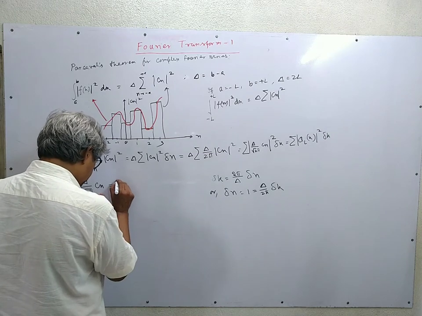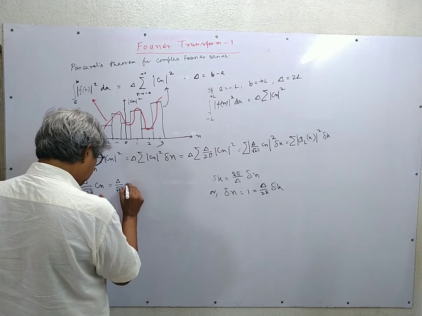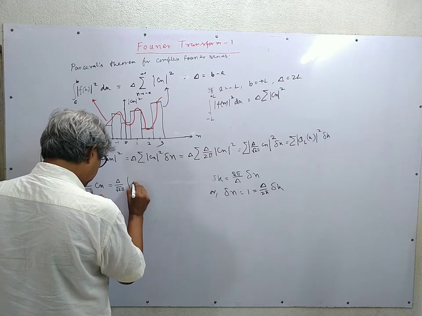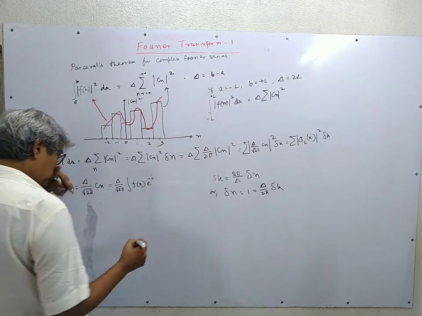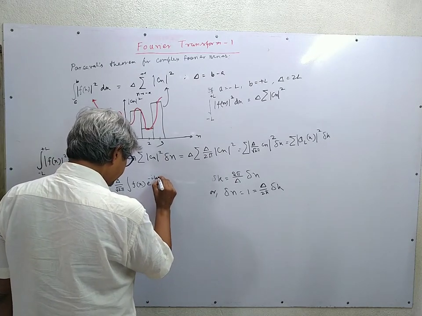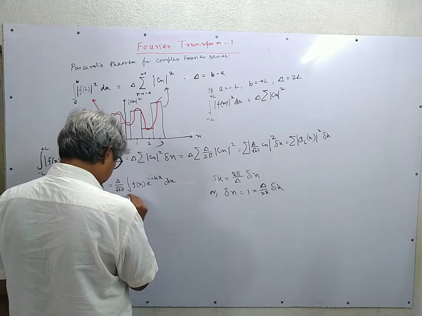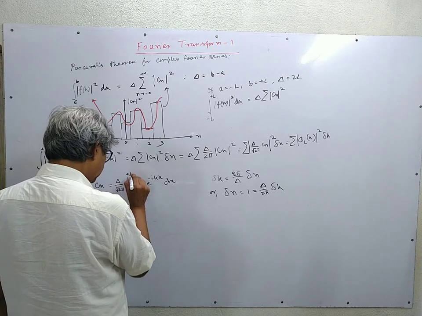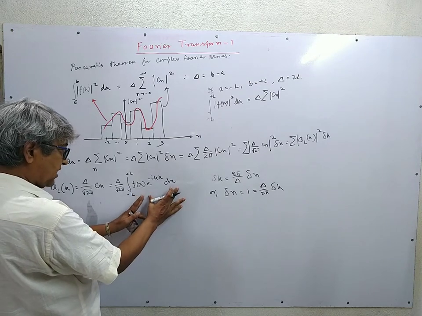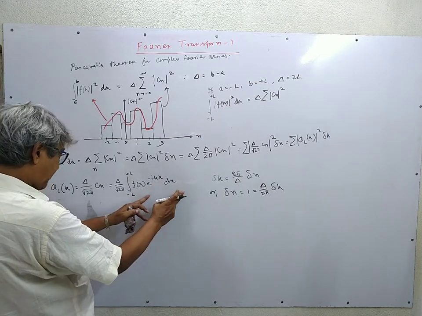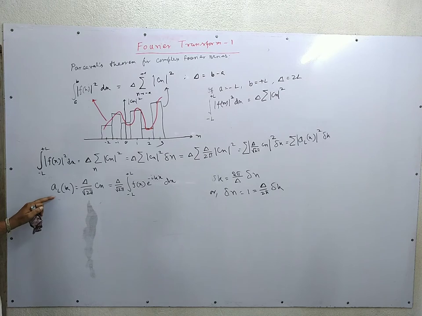Recall the definition of C. So once we integrate this, the resulting quantity will have K dependence, and furthermore it depends on the value L. So that's the reason for using this notation.